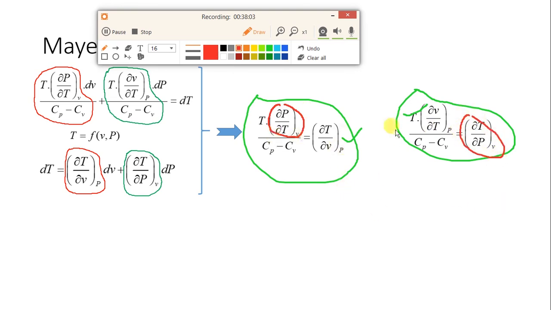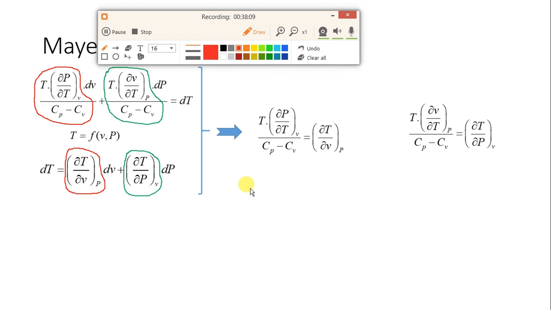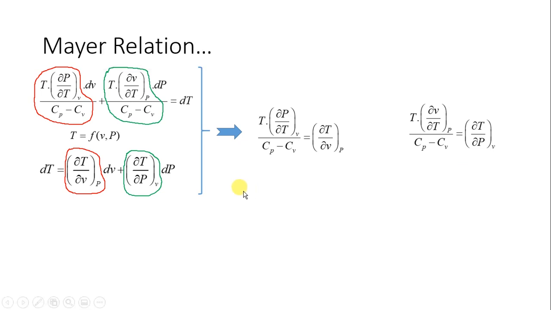Use any one equation and forget about the other. So what can you write? Cp minus Cv is equal to T multiplied by dou P by dou T when volume is constant, multiplied by, taking this to the left hand side, dou V by dou T when pressure is constant.